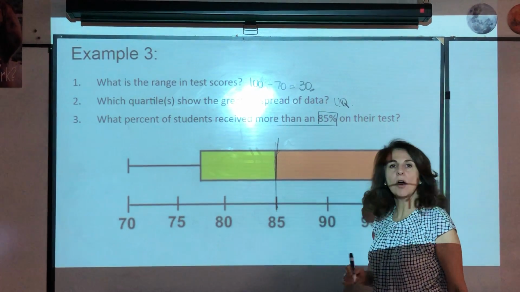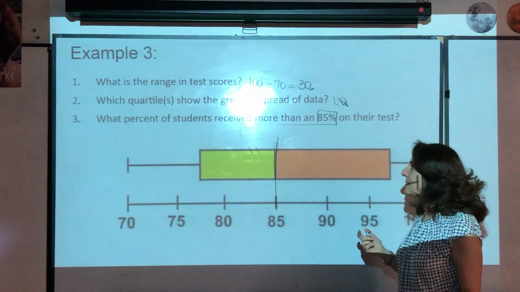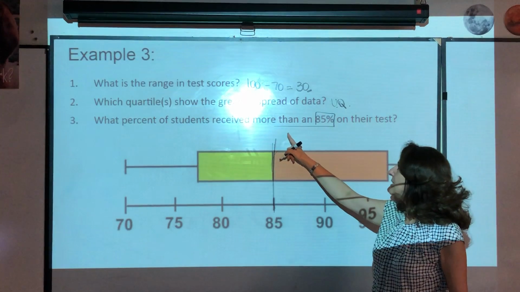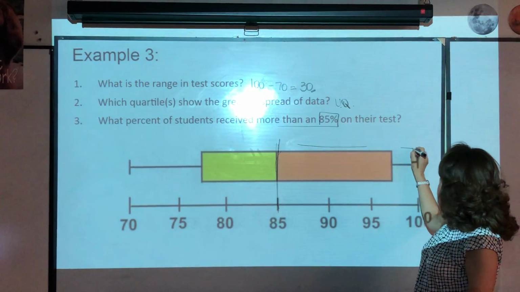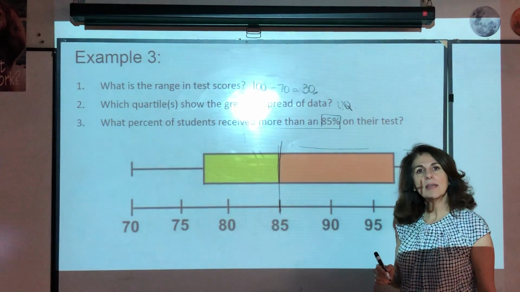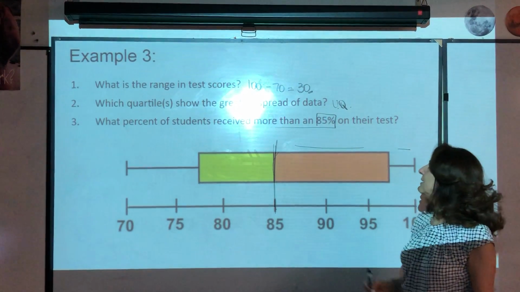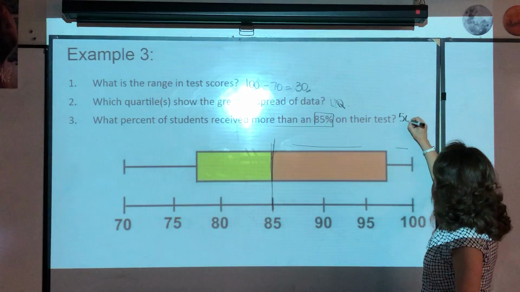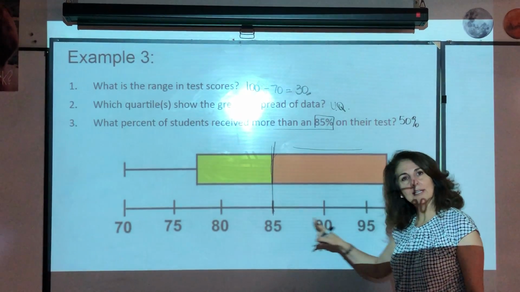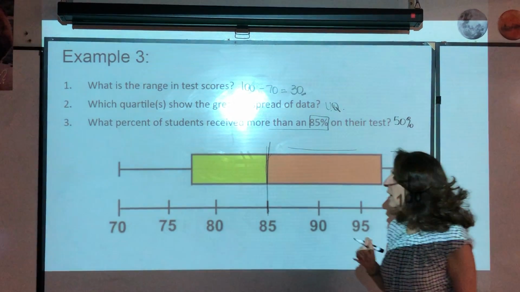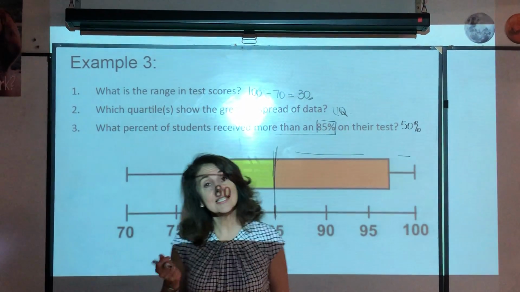That is the middle of my data, which means that what percent of students received more than 85? 25% here, 25% there. The students that received more than 85% on the test, half of the students did wonderful, got 85 and more on their test. This is it for today.